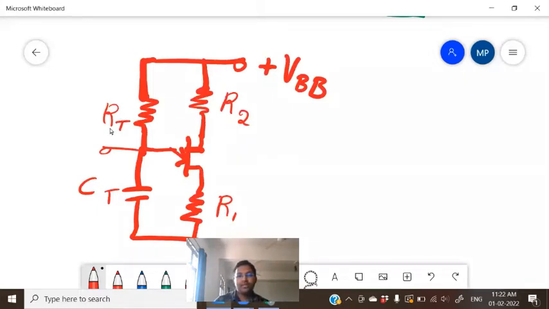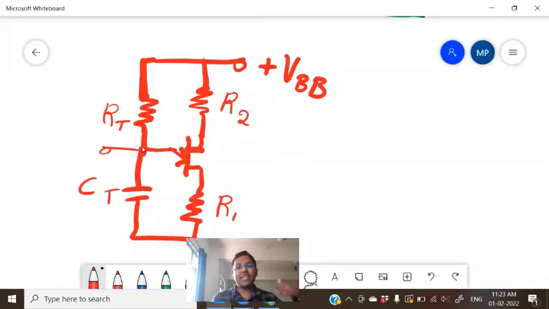So when you switch on the supply, CT gradually charges, and the voltage at the point between RT and CT, which is the emitter terminal of the UJT, gradually rises.